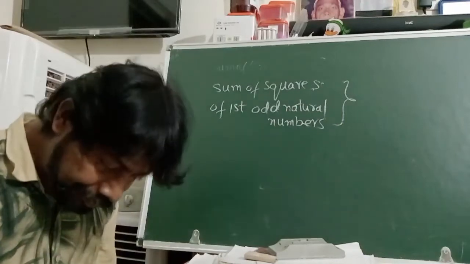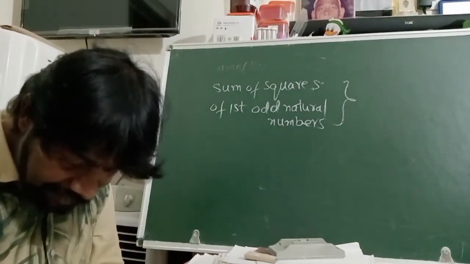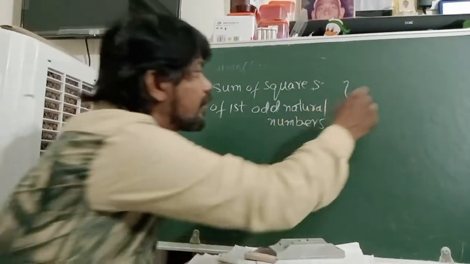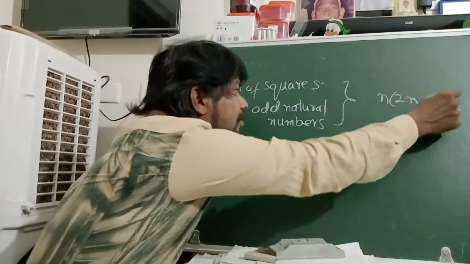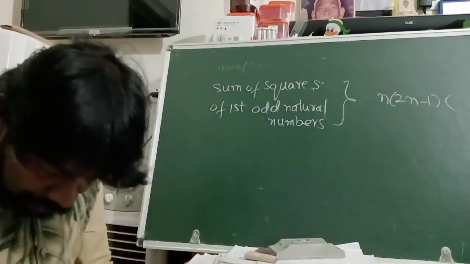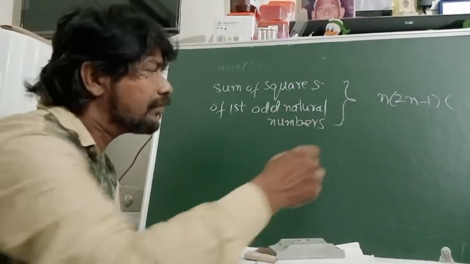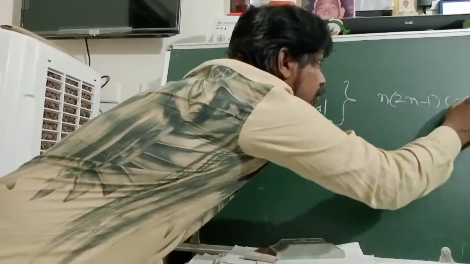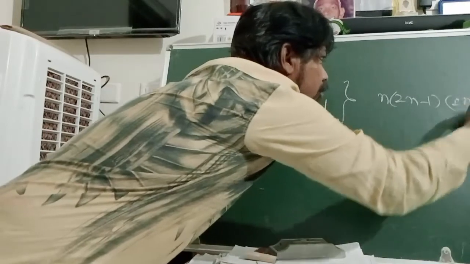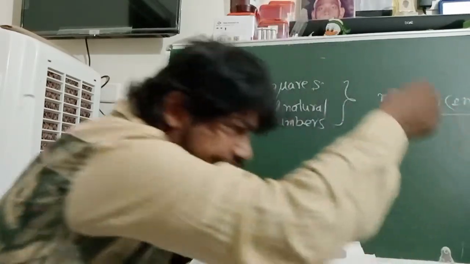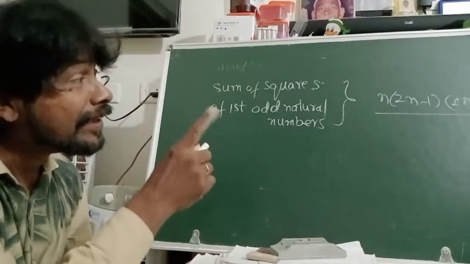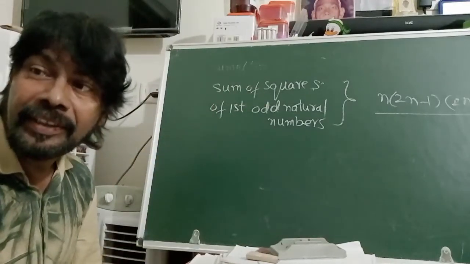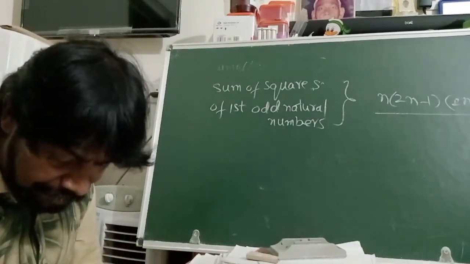That is equal to the formula n into 2n minus 1 into 2n plus 1 by. Look here, n into 2n minus 1 into 2n plus 1 is like the a square minus b square formula.